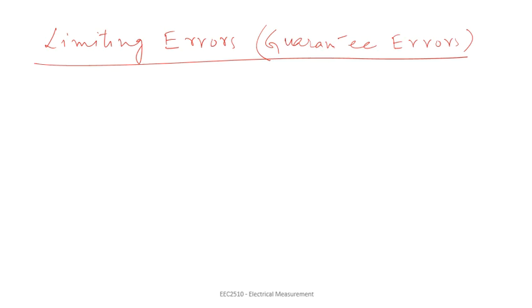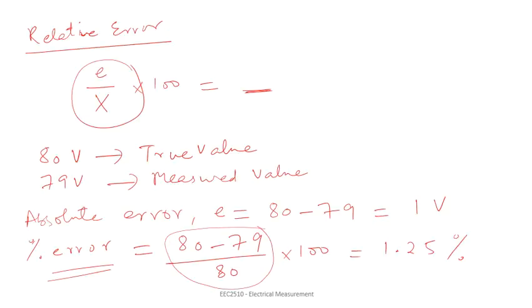Now before going further, I would like to add a point about the absolute error and the percentage error. This percentage error is many times also given in the form of accuracy.